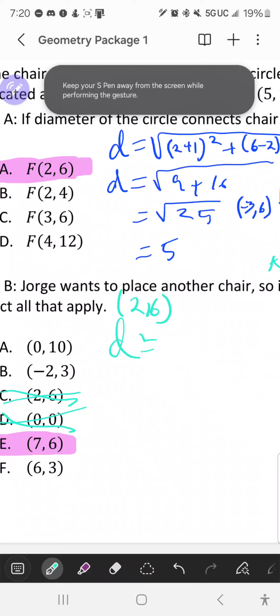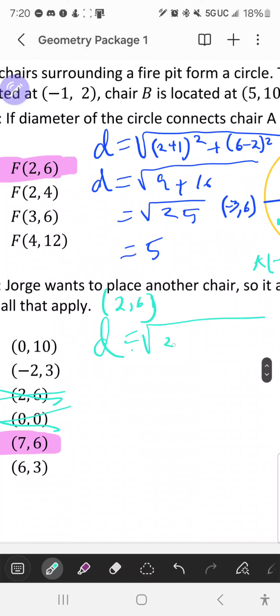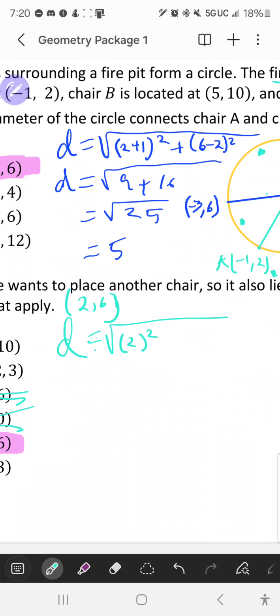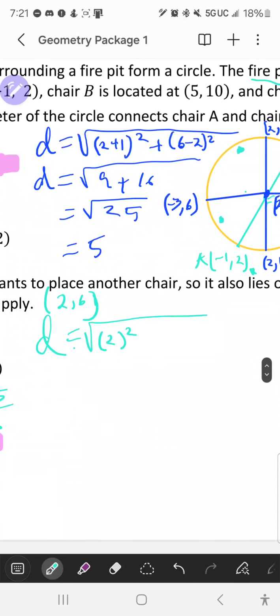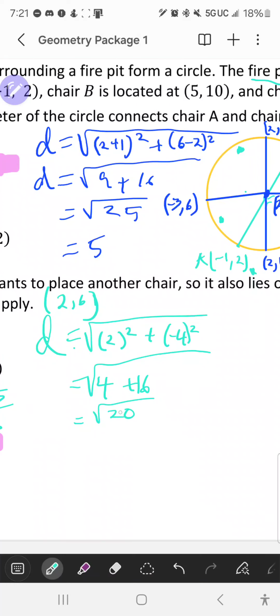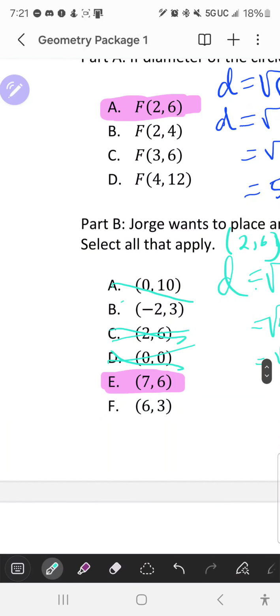So distance equals the square root of 2 minus 0 is just 2, so 2 squared. 6 minus 10 is negative 4, so negative 4 squared. And 2 squared is 4, negative 4 squared is 16. And we get square root of 20, which is not 5. So this is not my answer.